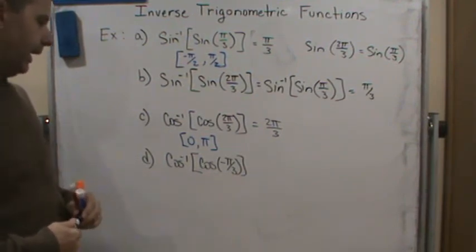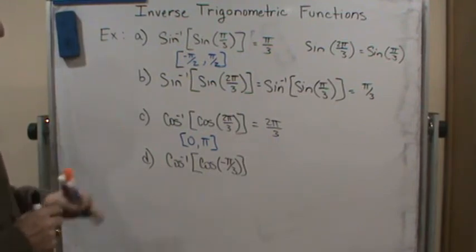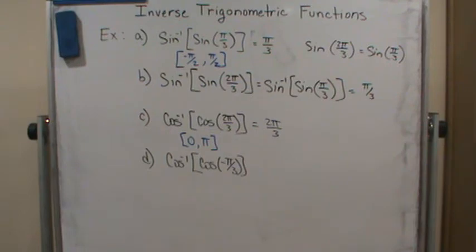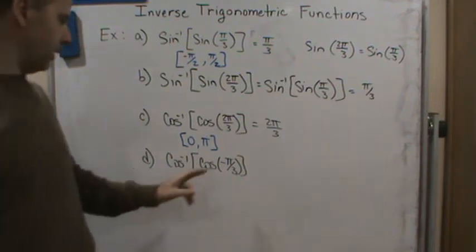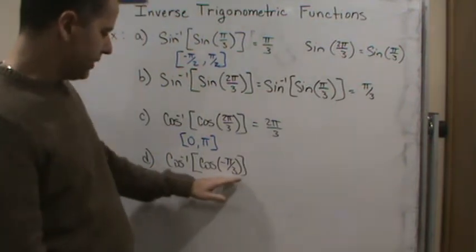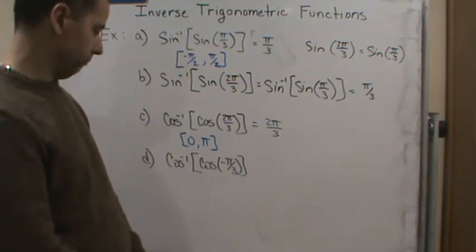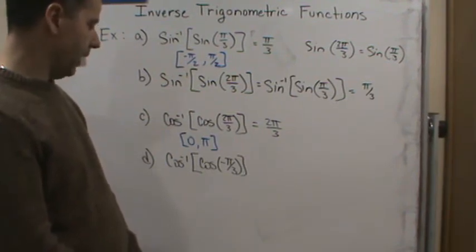And so we know that the cosine of negative pi over 3 is going to be equal to the cosine of pi over 3, because this reference angle is the same as the reference angle in the 1st quadrant. Why?